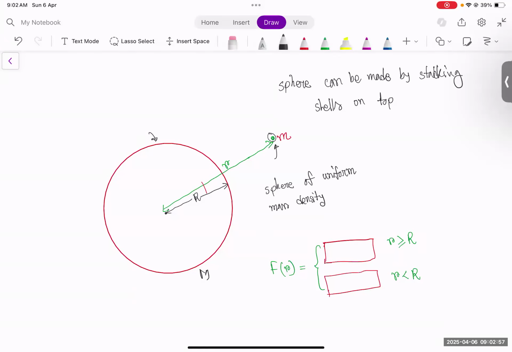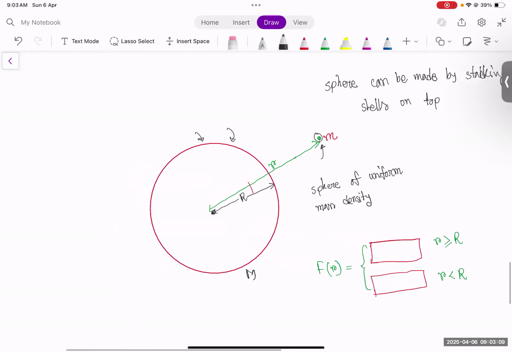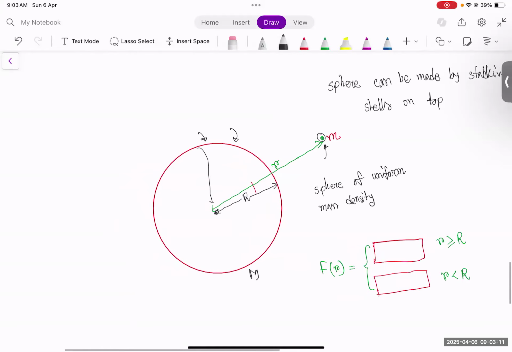So if it's outside the shell, then how do we find the force? We go to the second shell theorem. According to the second shell theorem, for all of the shells inside, they will behave as if all of their mass was concentrated at the center. And coincidentally, the center is common. Everyone's center point is the same.